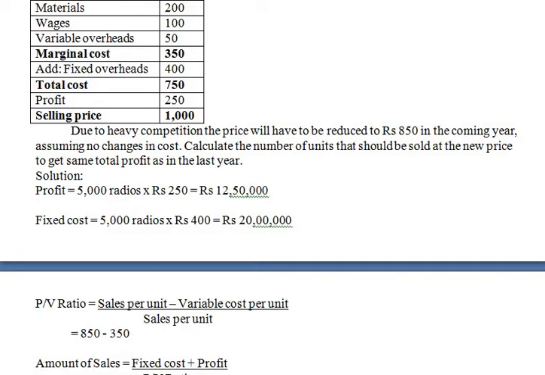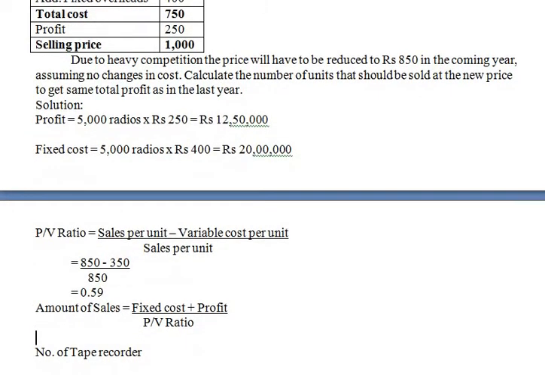So 850 minus 350 divided by selling price 850 will be equal to 0.59.